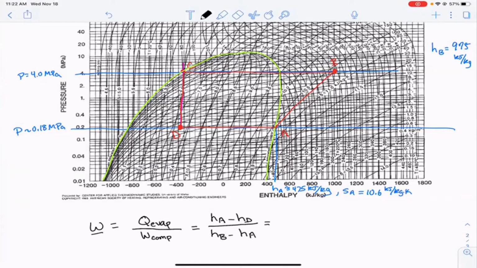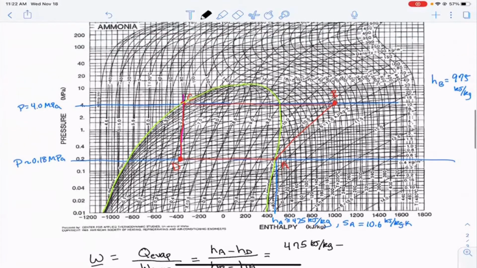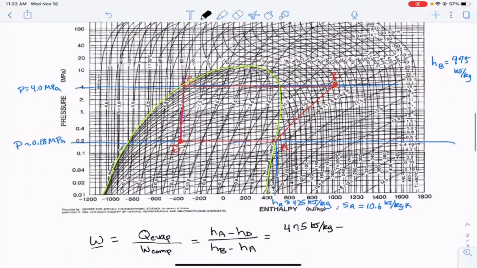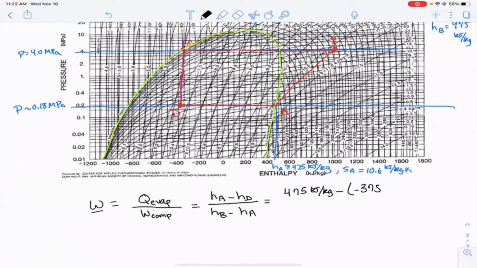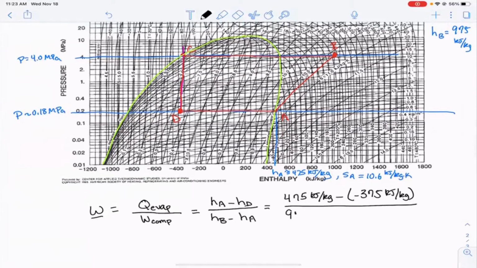And if we do that, well, HA we read was 475 kilojoules per kilogram, minus the enthalpy at D, which was equal to the enthalpy at C. And we went straight down, and that was 375 kilojoules per kilogram, divided by the enthalpy at B, which was 975 kilojoules per kilogram, minus the enthalpy at A, which is again 475 kilojoules per kilogram.